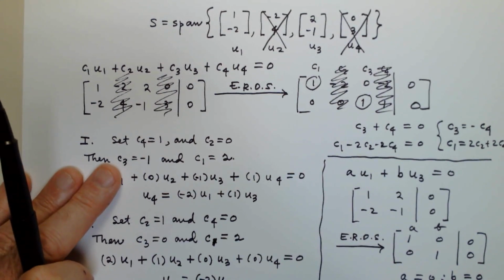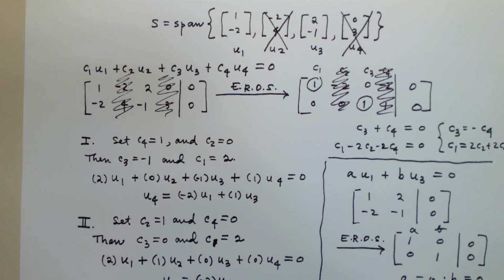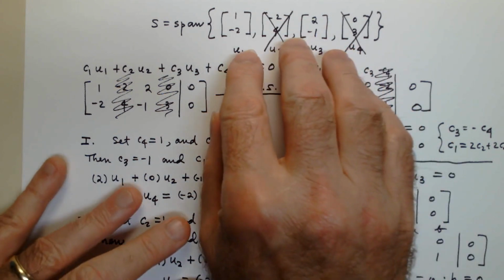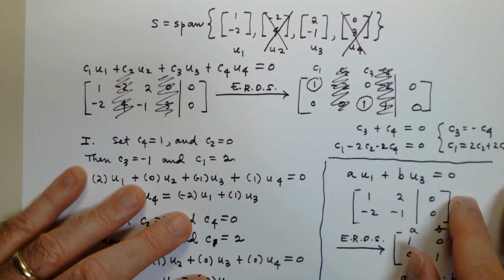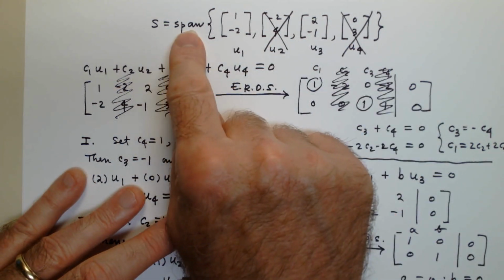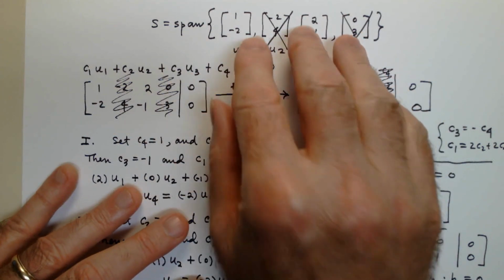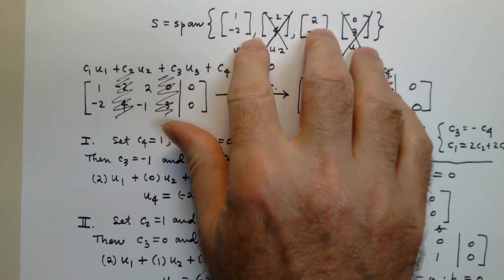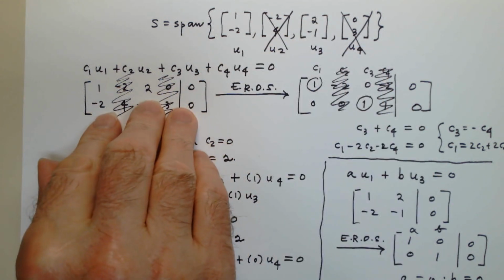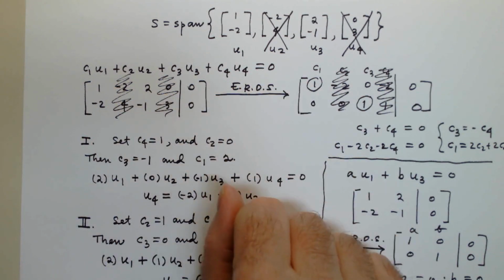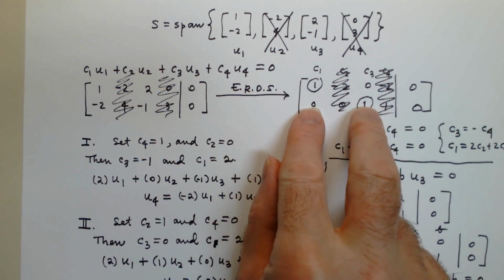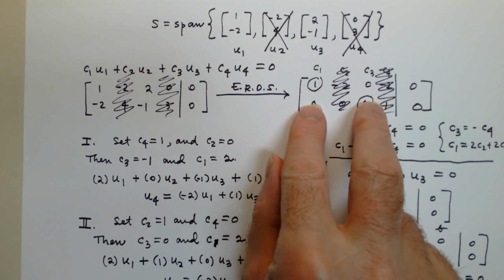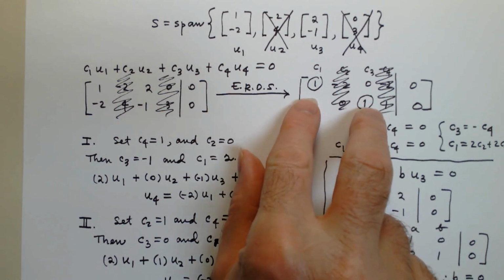Okay? So if we just step back and look at this method, what does it say? It says, when you're given a collection of vectors and you're studying the span of that collection of vectors and you want to extract a basis, all you have to do is take these vectors, put them into a matrix, row reduce that matrix, and keep only those vectors that correspond to the columns containing the leading ones.